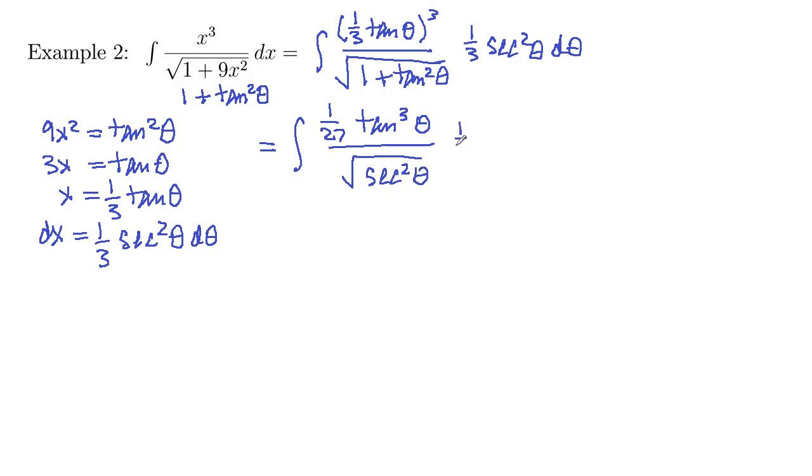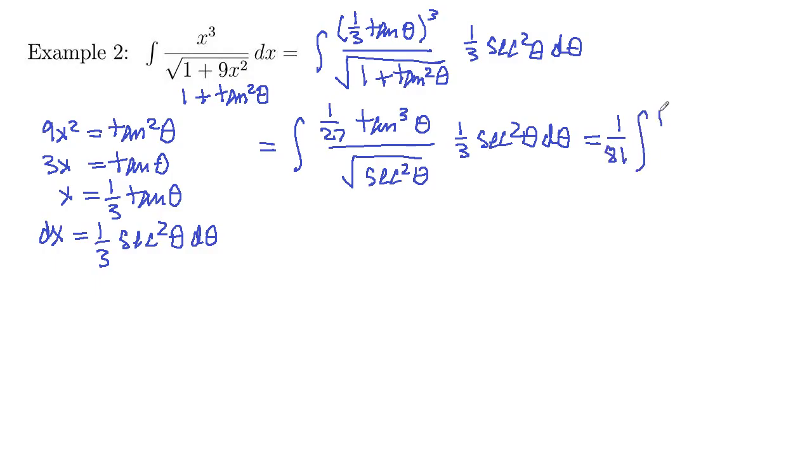And then we've got a 1/3 secant squared theta d theta. So the 1/3 and the 1/27th, that's 1/81. Let's go ahead and bring those out in front.